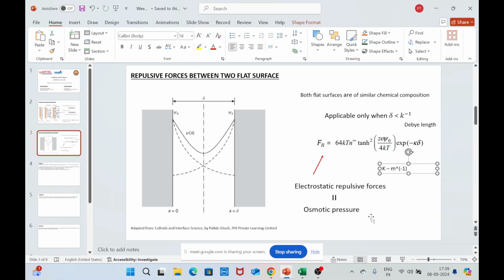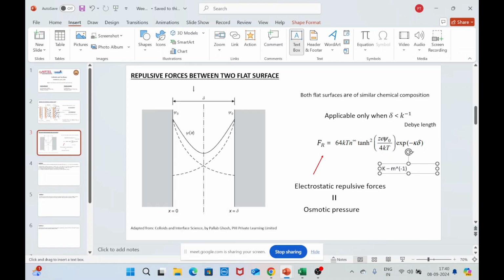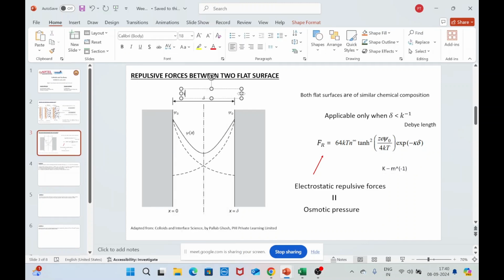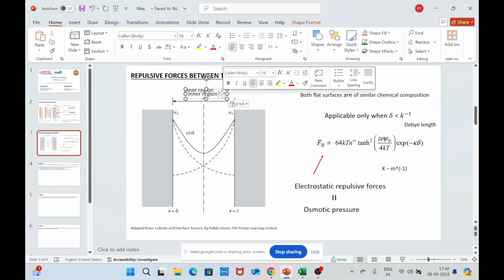So what usually happens is the concentration of the ions will be greater in the region between the flat surfaces compared to the other side. Let's designate this as the inner region and this one as the outer region.